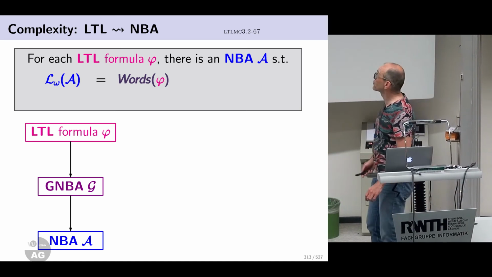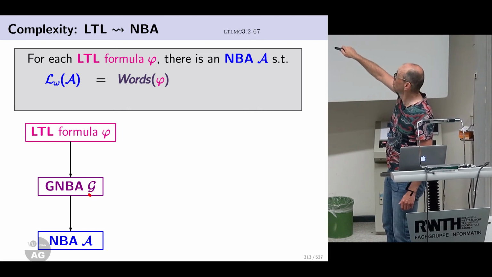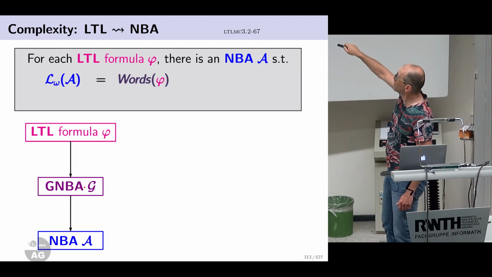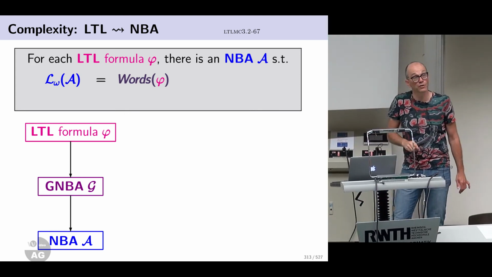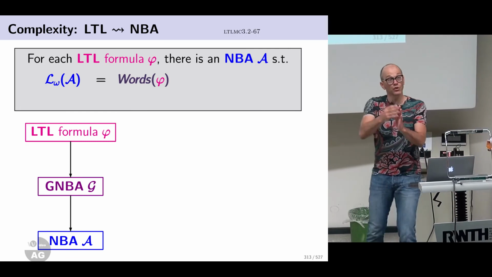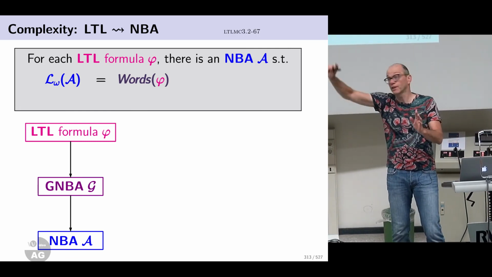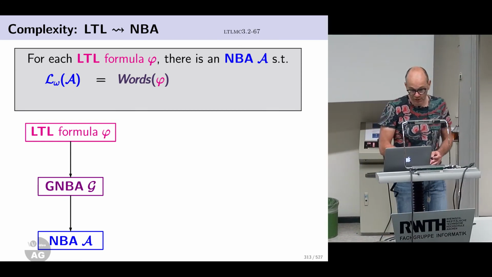The definition transformed the LTL formula phi into a GNBA. And then, and this is the construction you have been confronted with in some of the earlier lectures, you can convert any generalized Büchi automaton into an equivalent non-deterministic Büchi automaton. If this has k accept sets, you just make k copies and then you cycle around. And that basically was the main construction.